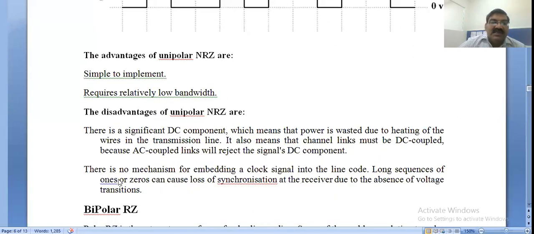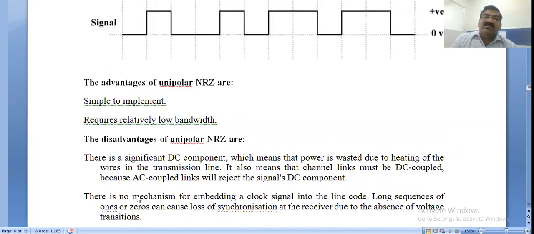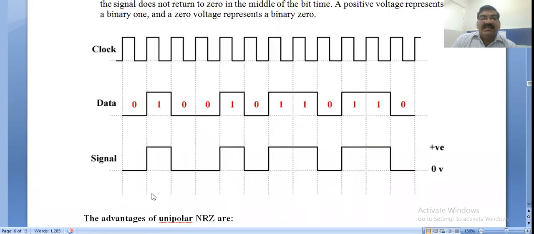So the DC signal will be more, and it may heat up whatever channel link is there. Then there is no mechanism for embedding a clock signal into a line code. A long sequence of ones or zeros can cause loss of synchronization at the receiver due to absence of voltage transition. Where the clock is there, the synchronization is better in RZ, return to 0.